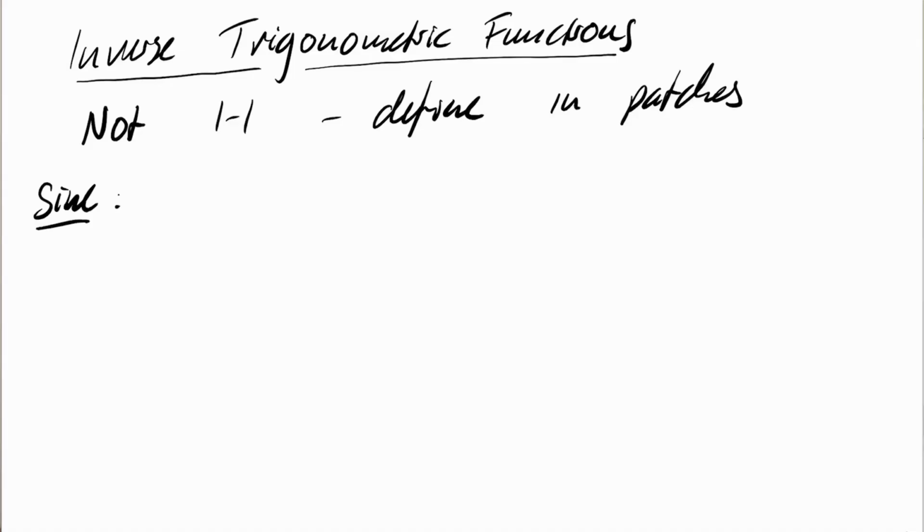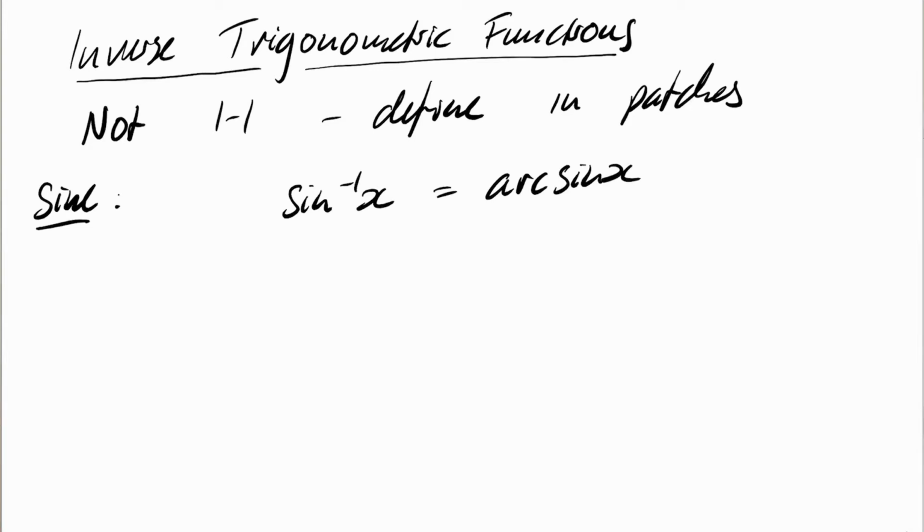Let's start with the inverse sine function. For the inverse sine function, we're going to define this as sine minus 1 of x, in keeping with the inverse notation, but we're going to also use the notation arc sine to denote this.